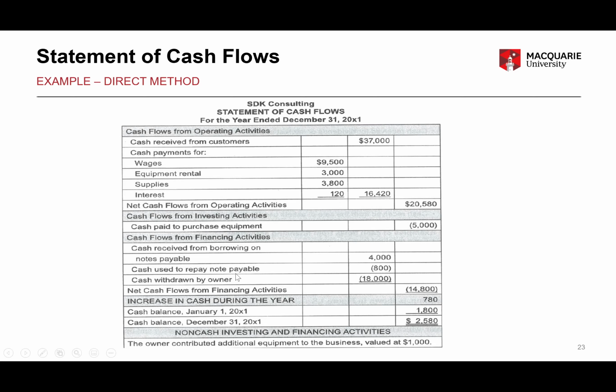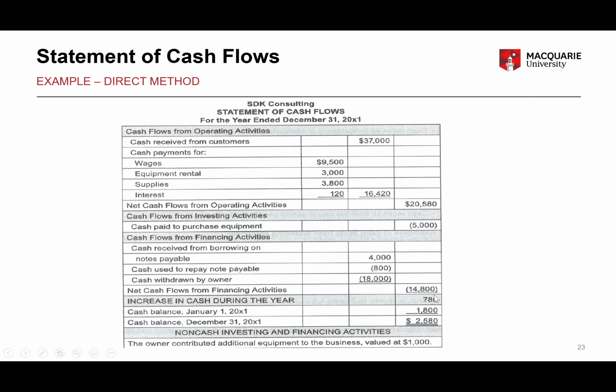Then they made some repayments on their notes payable. So that's a cash outflow. And the owner withdrew some cash. So that was a cash outflow. So we add the inflows, subtract the outflows. We've got a net cash outflow here for financing activities.